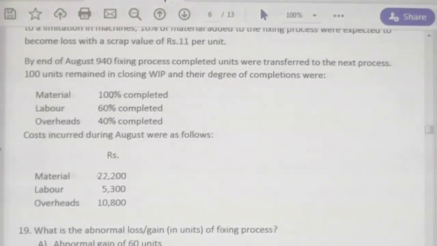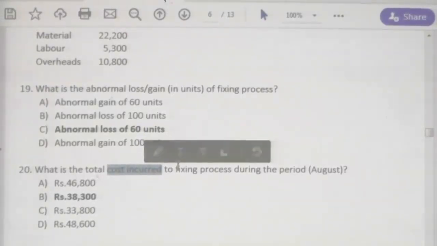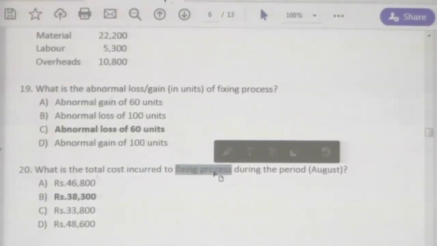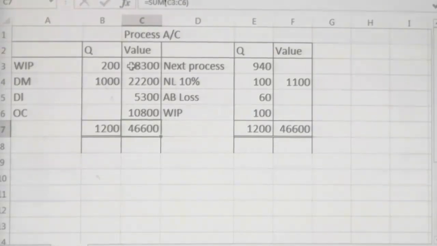They are asking, what is the total cost incurred in this process during the period August? What is the cost incurred only in August? This is the total cost including the opening work in progress incurred in the last month, that is July.